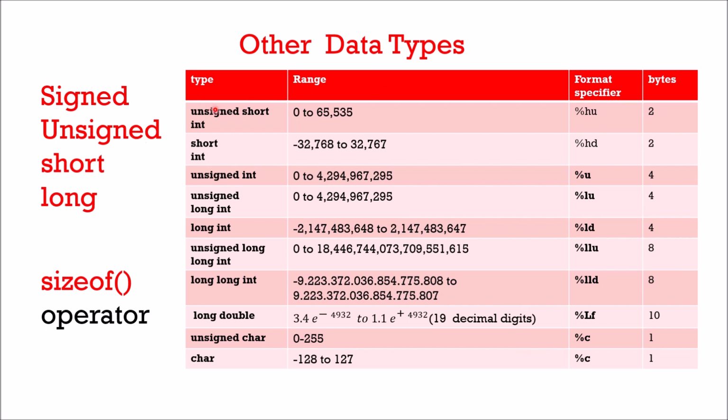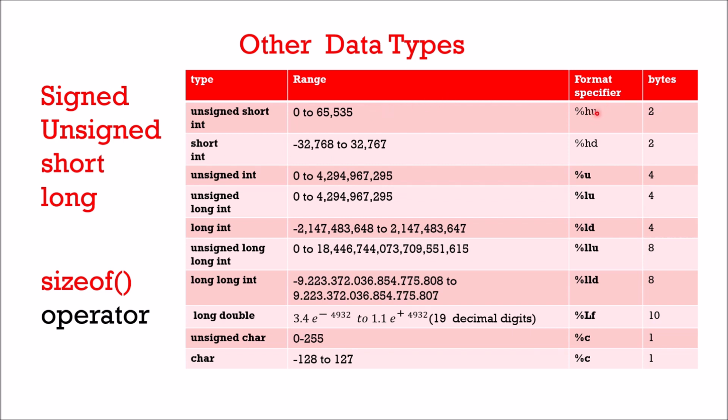Whenever you do not use unsigned in the data type, it is assumed that it is signed. What do I mean by that? Here it doesn't say unsigned, so it's going to be assumed that it will take negative values and positive values. While in this one that is called unsigned, you will have just positive values. Okay, bear that in mind.